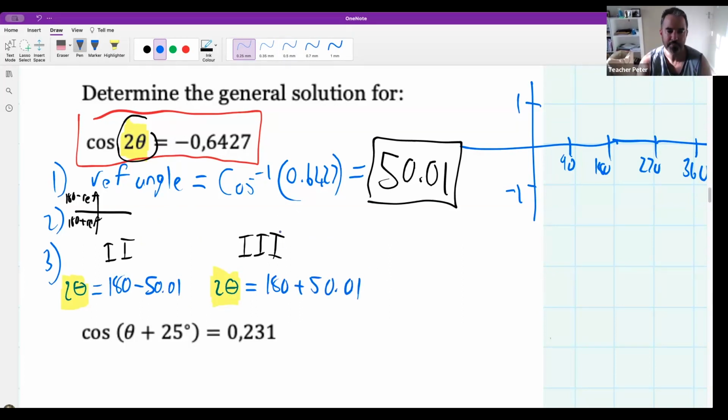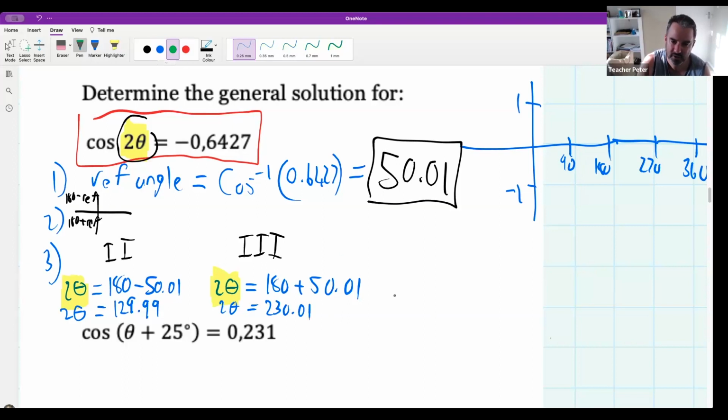Give me a thumbs up if you follow my thinking in what I've done so far here. The way that I've taken this new 2 theta and I've made it kind of behave like an x before. Okay, now, for all those people who wanted to divide their 2's, now is your time to divide some 2's. So you'll notice that 2 theta is going to be equal to 129.99, and 2 theta on this side is going to be equal to 230.01.